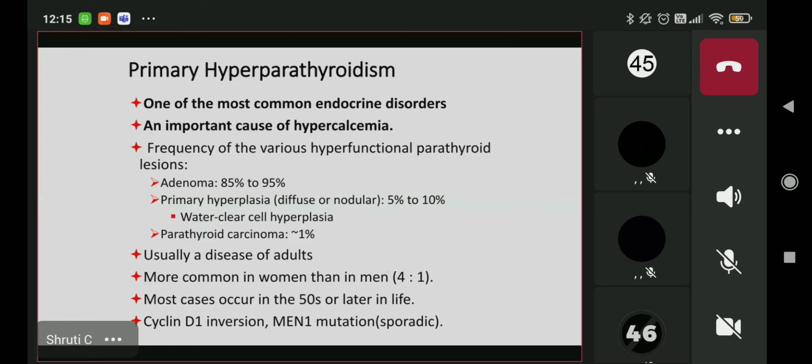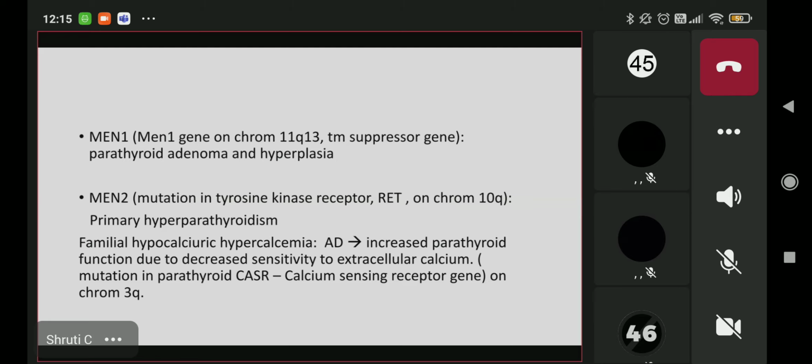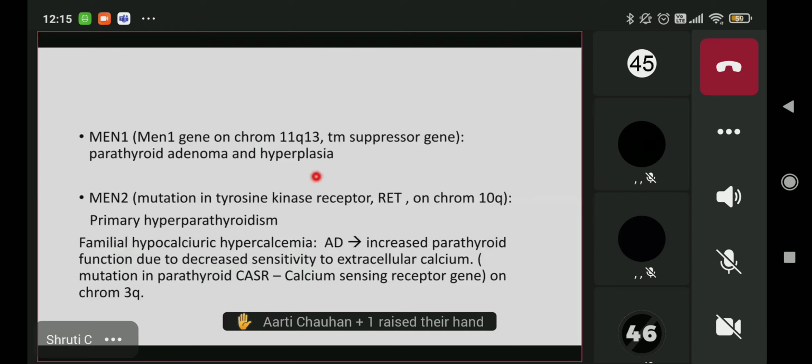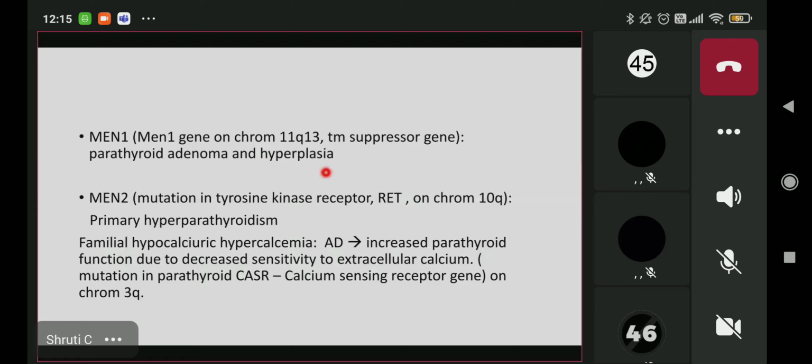And you also know about the MEN syndromes, the familial syndromes. So MEN1 syndrome, also known as Wermer syndrome, the gene involved is on chromosome 11q, which is a tumor suppressor gene. In this also there is parathyroid adenoma and hyperplasia, ultimately leading to hypercalcemia. And what are the other glands involved in MEN1 syndrome?